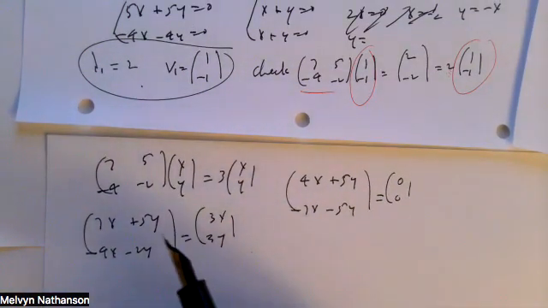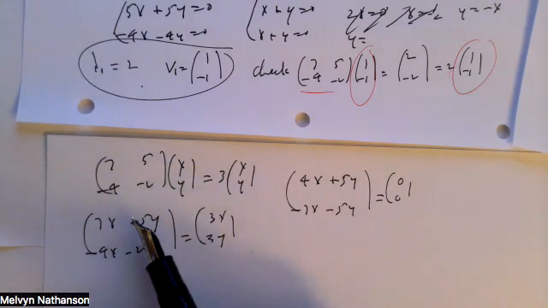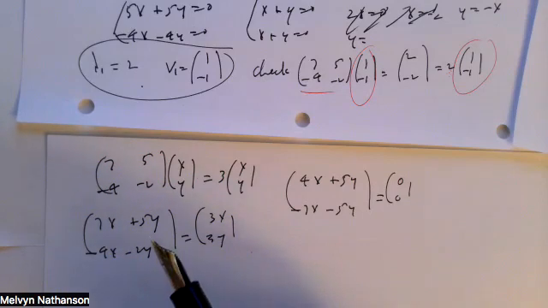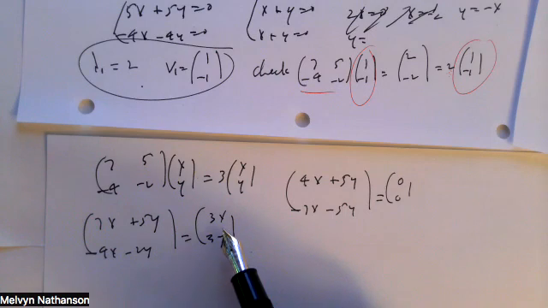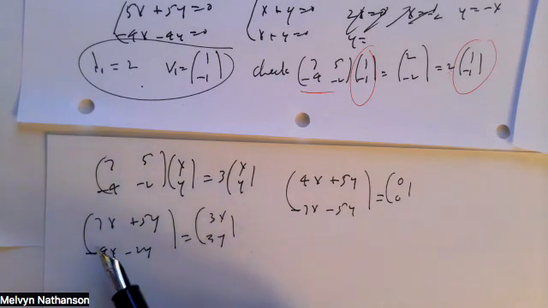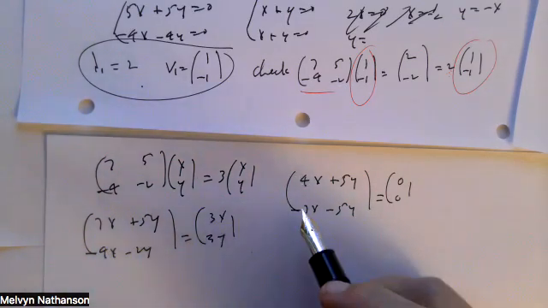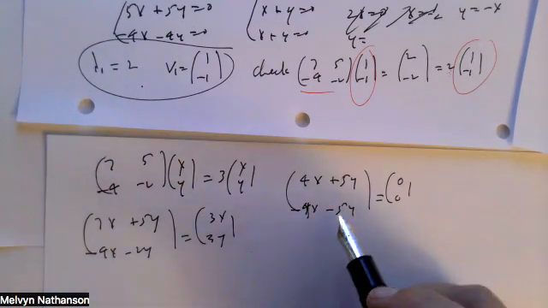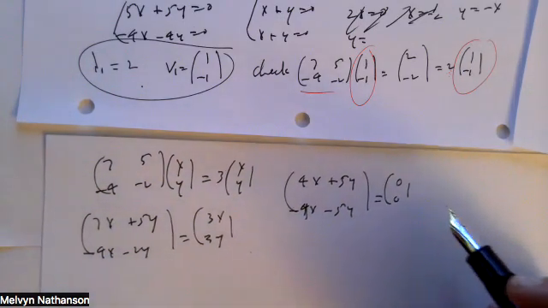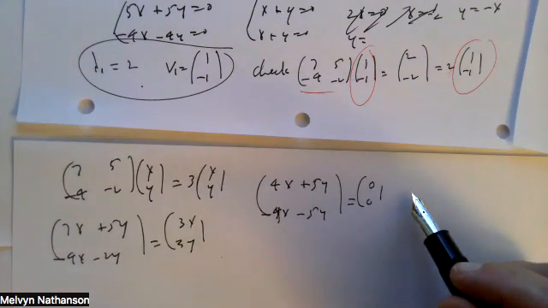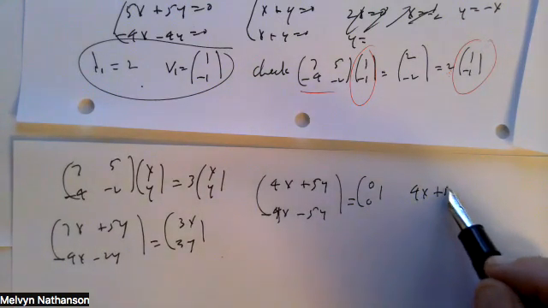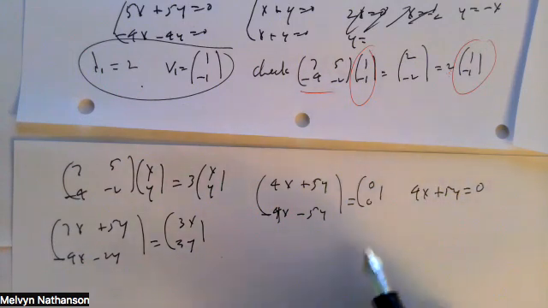Let me just double check this again. 7x plus 5y, minus 4x minus 2y should equal 3 times xy, 3x, 3y. So this is 4x plus 5y, and this is minus 4x minus 2 minus 3 minus 5y. So both of these are equivalent to the equation 4x plus 5y equals 0.